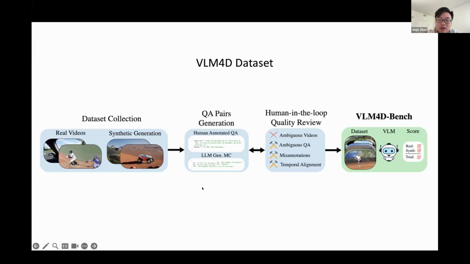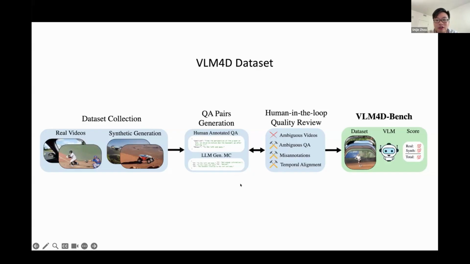Because VLMs themselves find it very hard to answer this kind of question correctly, we manually annotate question and answer pairs for these tasks. For the synthetic data, we have the video generation model, where we can control the motion of the objects moving inside, but it may also make mistakes.